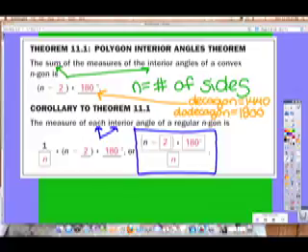So grab your calculator. If it's a decagon, how many sides does it have? 10, right? So you would put a 10 here and a 10 here. So first part, what's 10 minus 2? 8 times 180, it's up there, right? All right, so 1440, but then don't forget to divide by what? 10. So each angle is, all right, so that's for a decagon.